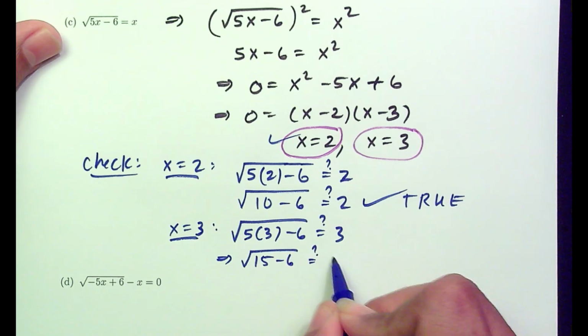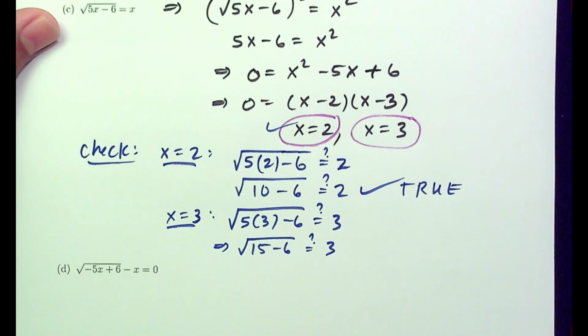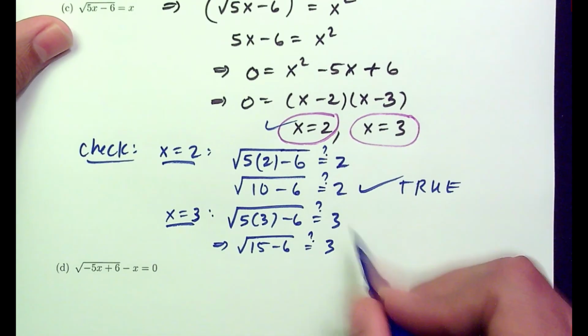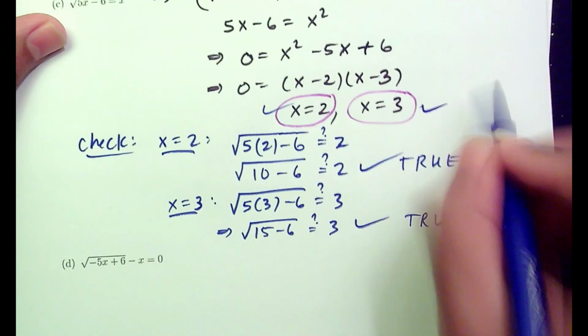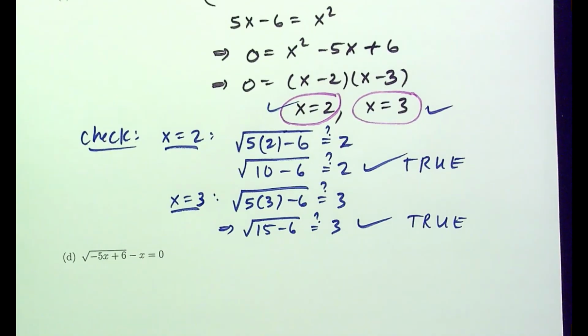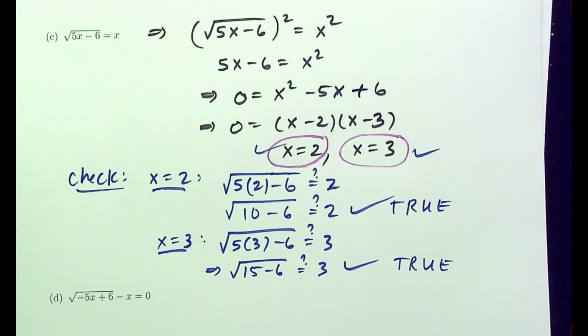Is it true that the square root of 15 minus 6 equals 3? 15 minus 6 is 9. Is it true that the square root of 9 equals 3? Yes, this is also true. So that means both of these numbers are solutions.